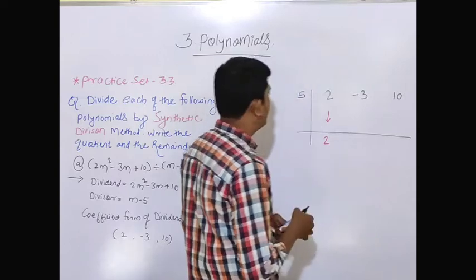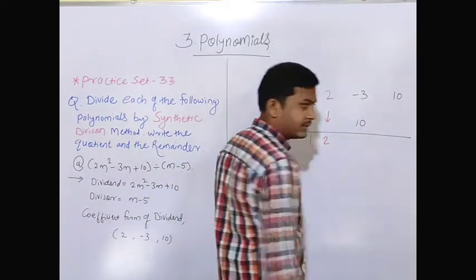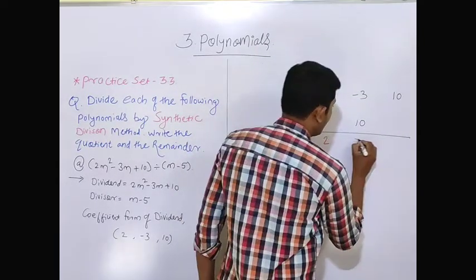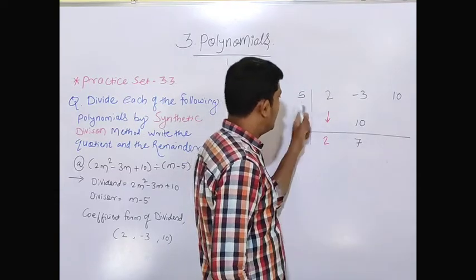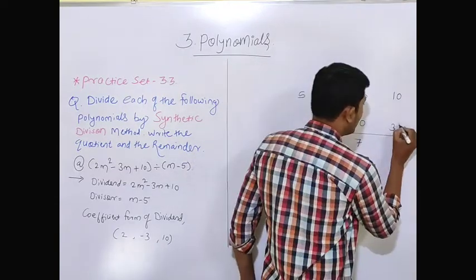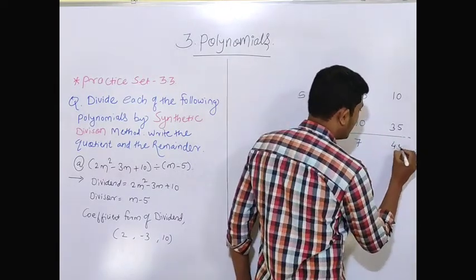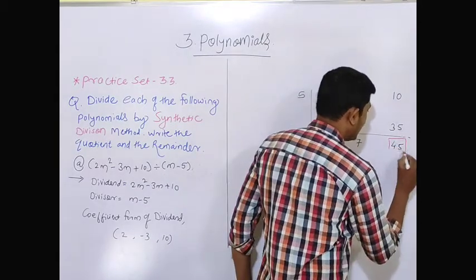Then 5 into 2 is equal to 10. Now minus 3 plus 10 is equal to plus 7. Then 7 into 5 is equal to 35. And 35 plus 10 is equal to 45. Here 45 is simply the remainder, that is, the last term is simply the remainder.